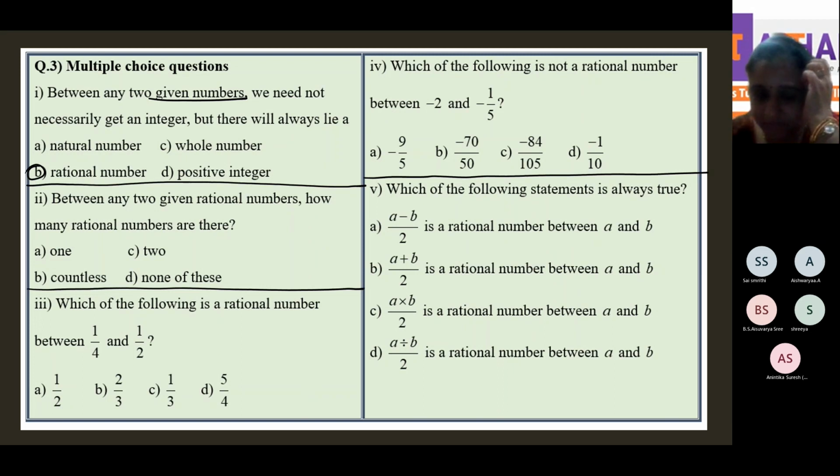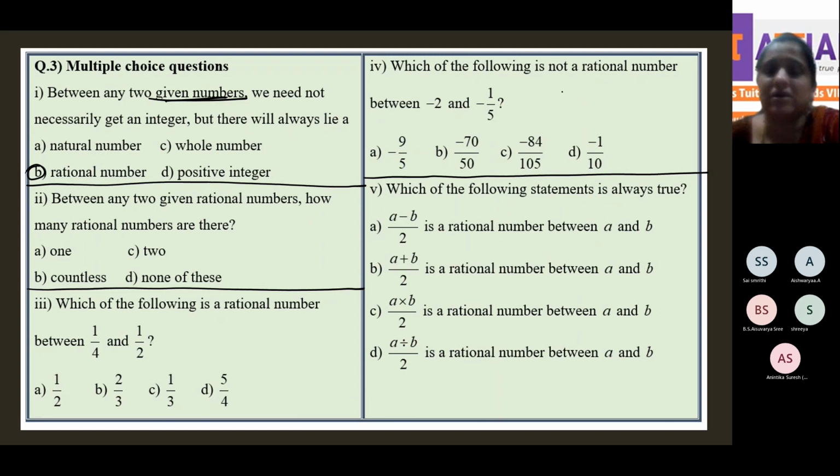Ma'am, I have a doubt. Integer by integer is known as a rational number, but it says it need not be an integer. If it is not an integer, how can it be a rational number, ma'am? No. Between any two given numbers, we need not necessarily get an integer.